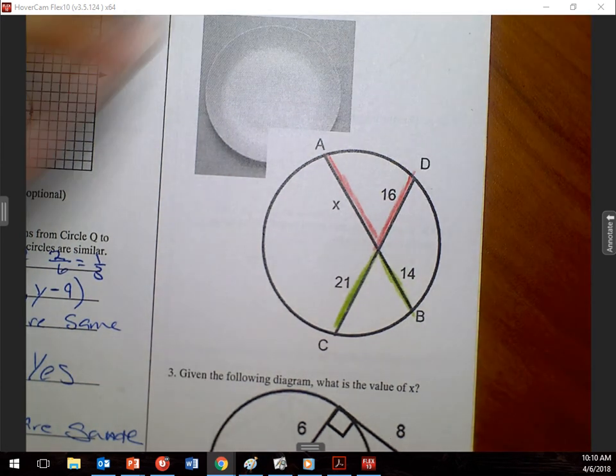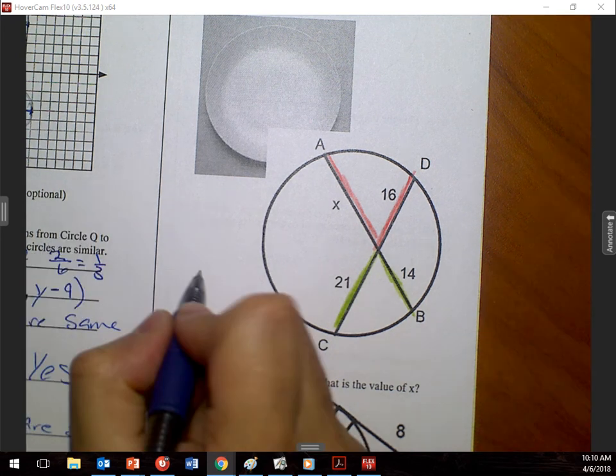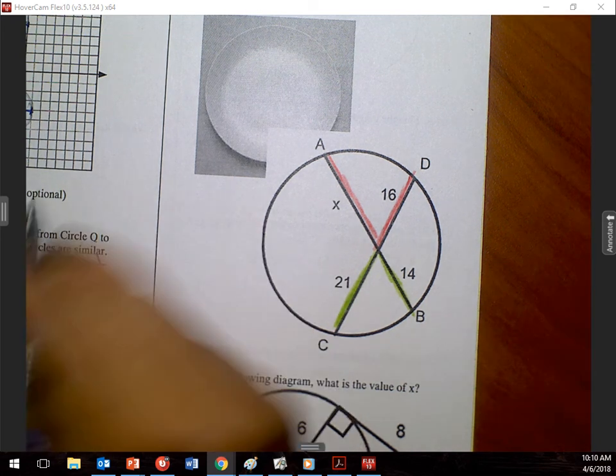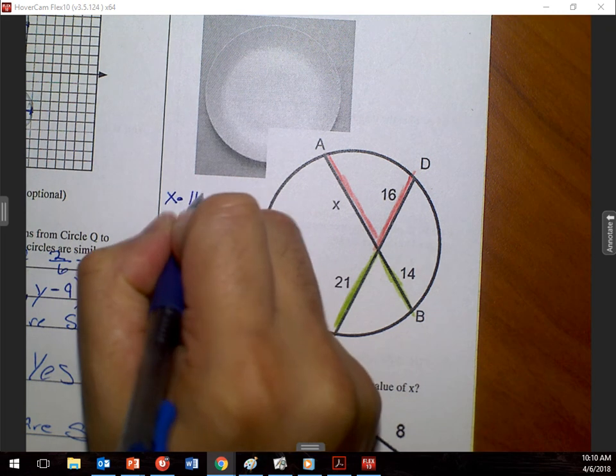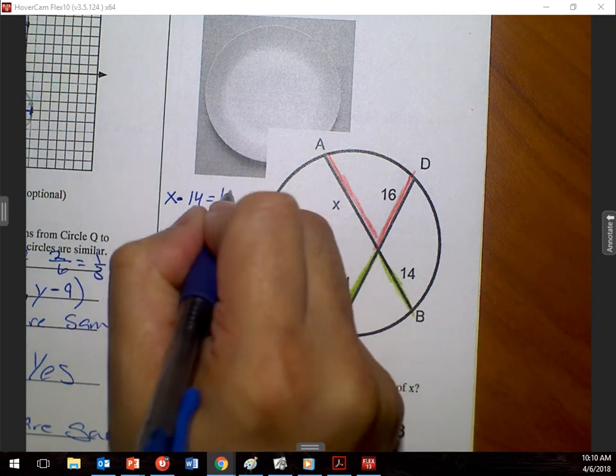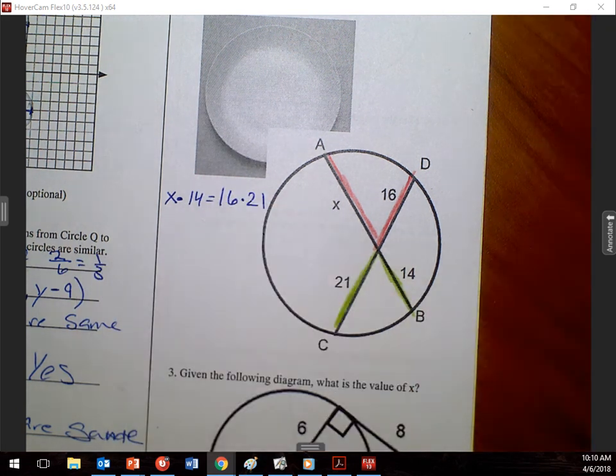So, to do this math, I would write what? x times 14 equals 16 times 21. Just like that, right? So, we're multiplying across here. This is the same way we did it in the notes.